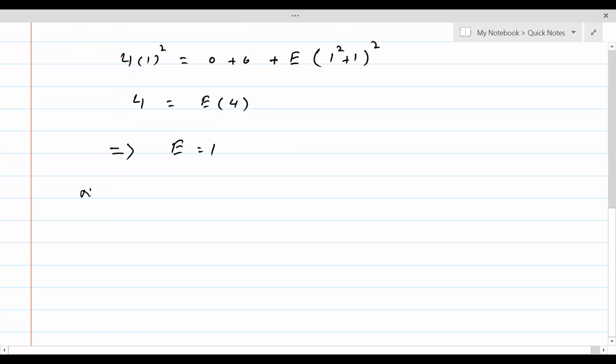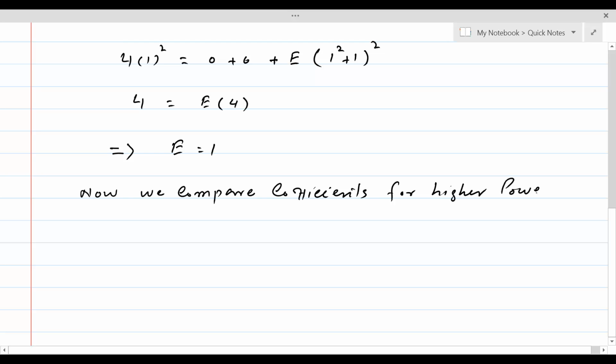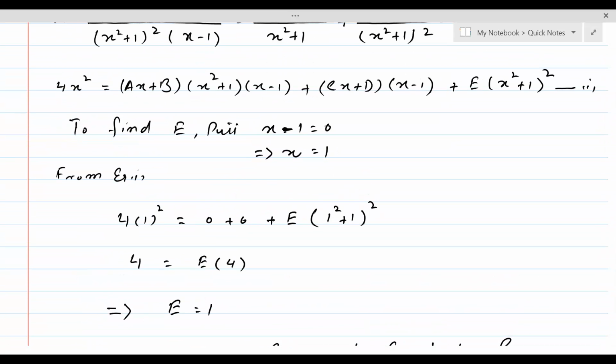Now we compare coefficients for higher powers of x. And what are those higher powers of x? The greatest power of x that can appear in equation 1 is x⁴.